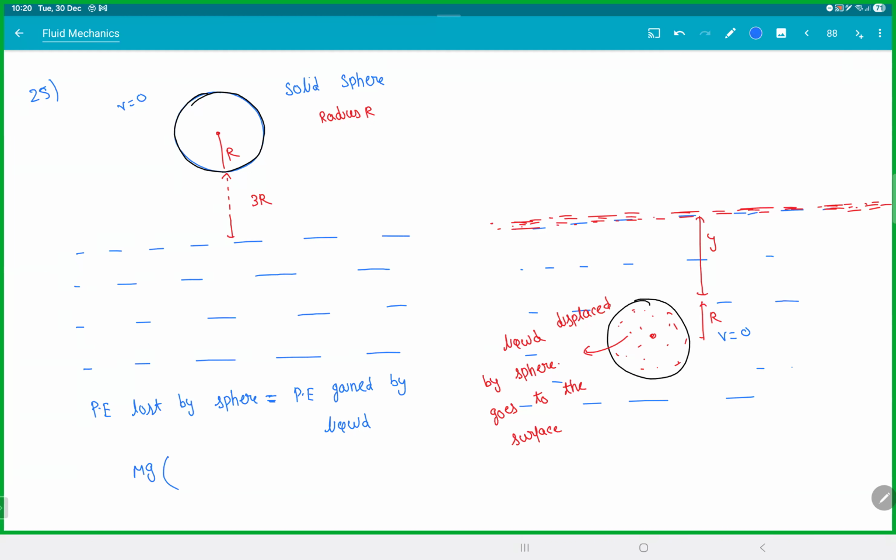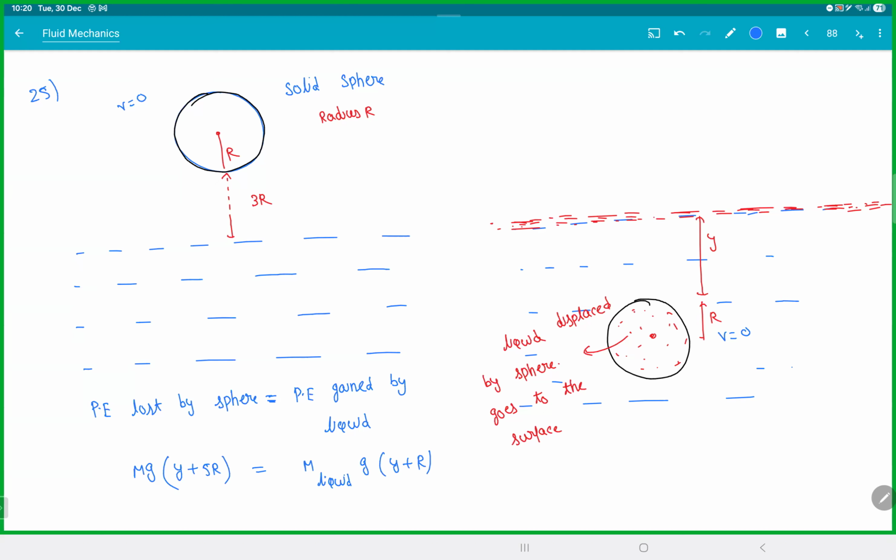The total height it lost was y plus 5r. That must be equal to the mass of the liquid. So the center of mass of the liquid must have gone mg, y plus r. Is that clear, everyone?